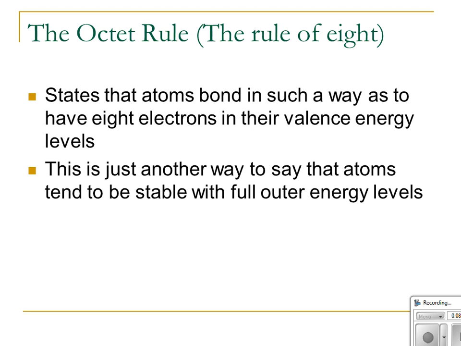This is just another way to say that atoms tend to be stable with full outer energy levels. Sometimes they even have to share electrons so they each can have 8. In Chem 20, you're really going to start drawing out the molecular structure of some compounds, and you'll see how the sharing goes on.